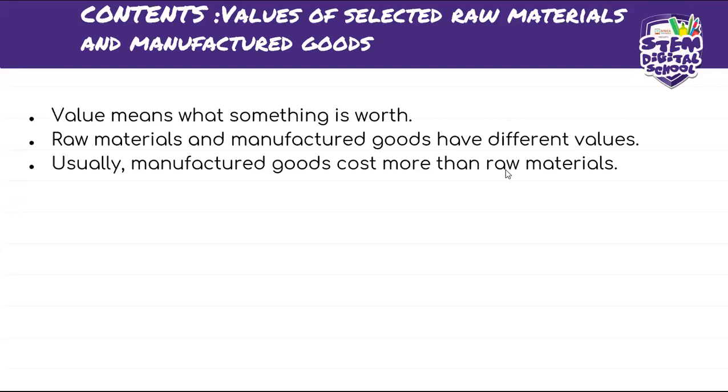Who can tell me why raw material costs less and manufactured goods cost more? Why do manufactured goods cost more than raw material that is naturally made? Okay, Jerome?